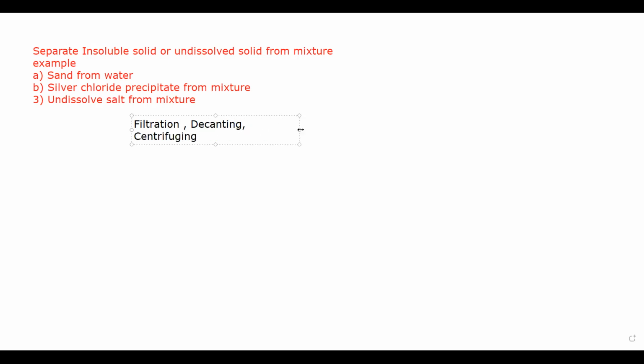Is it clear, the examples with the concept? These are the techniques which can be used to separate insoluble substances, or a solid, from the mixture: decanting, centrifuging, or filtration.